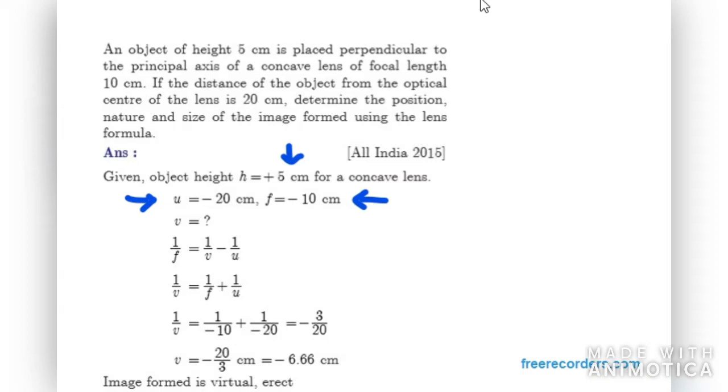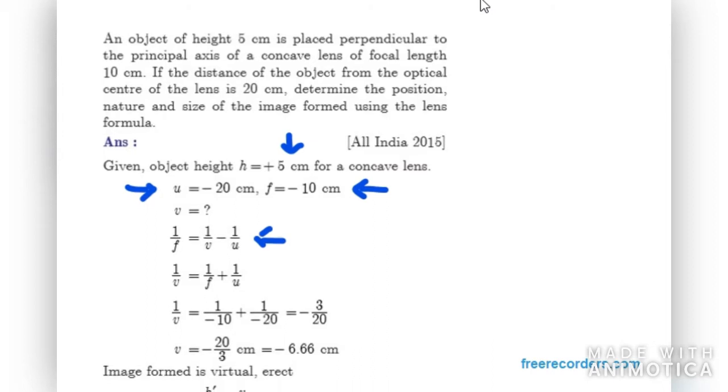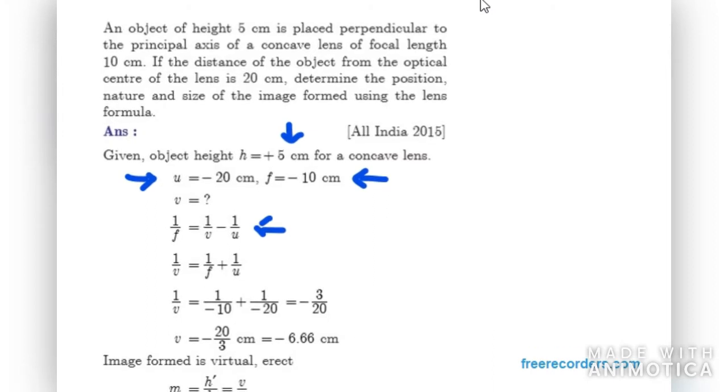So as you know that the lens formula is 1 over f equals 1 over v minus 1 over u. Now interchanging the value of f and v, so that we can easily put down the values of f and u, and then taking LCM of 10 and 20, that will be 20. So we get the answer as minus 3 over 20.